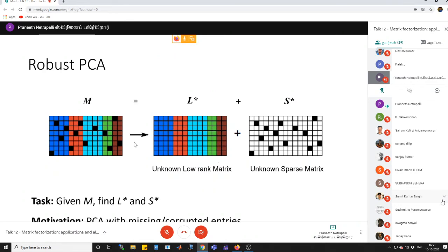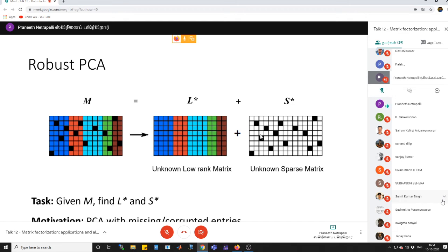So the problem is as follows. We are given a matrix M, which is actually a sum of a low rank matrix and a sparse matrix. Okay, and there are two applications where you can think of why this might be the case. So one is that the true data is coming from some low dimensional subspace, right? But then some of the entries are just arbitrarily corrupted, right?